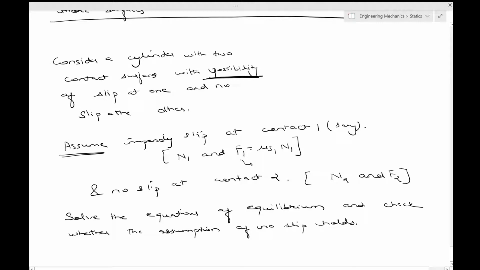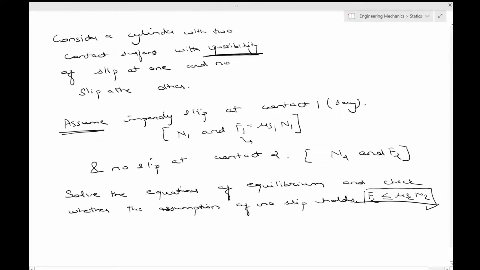What would be the check of no slip? That F2 will be smaller than or equal to mu S2 N2. This is the condition for no slip. If this is true, then it means that what you had assumed is correct. And if it is not satisfied, then you reverse this.